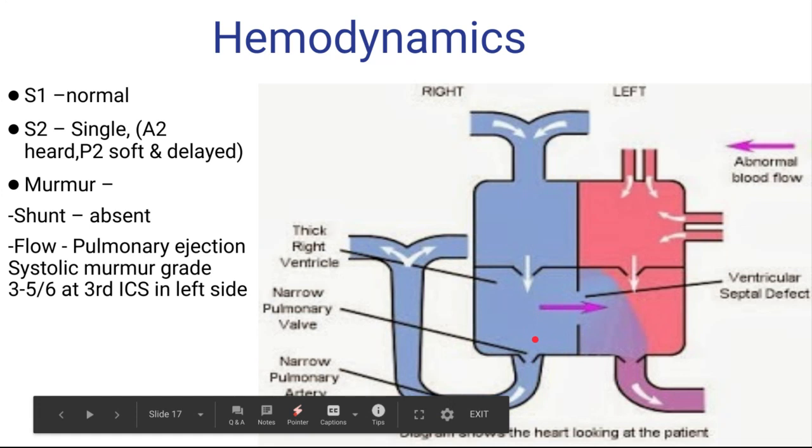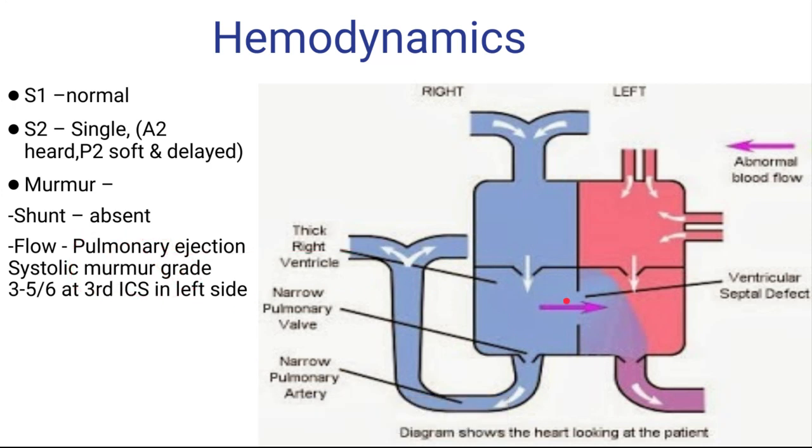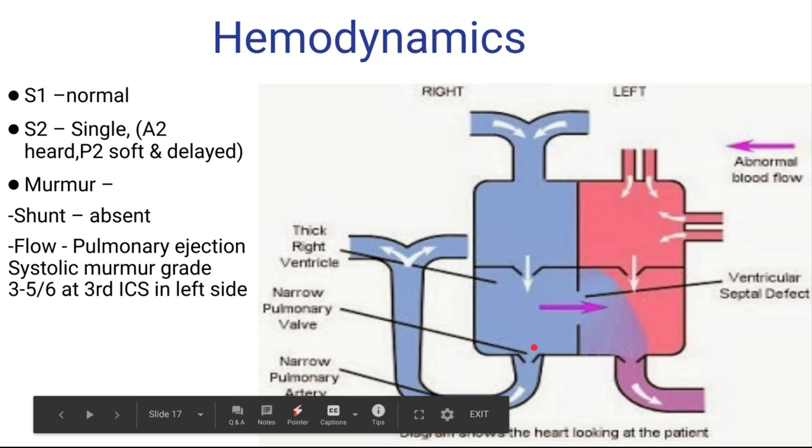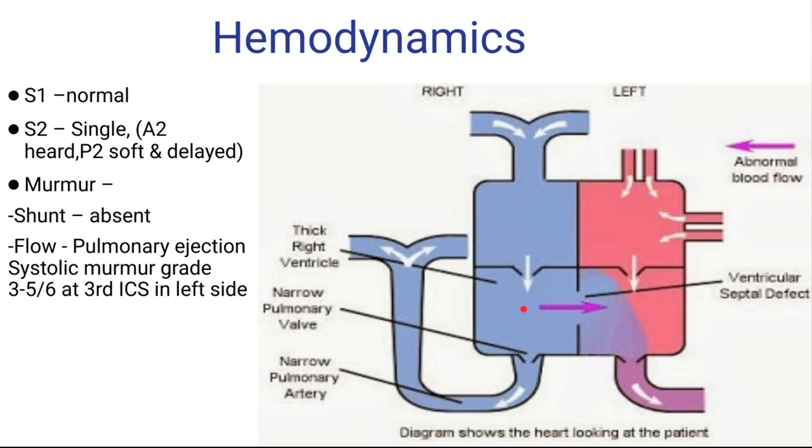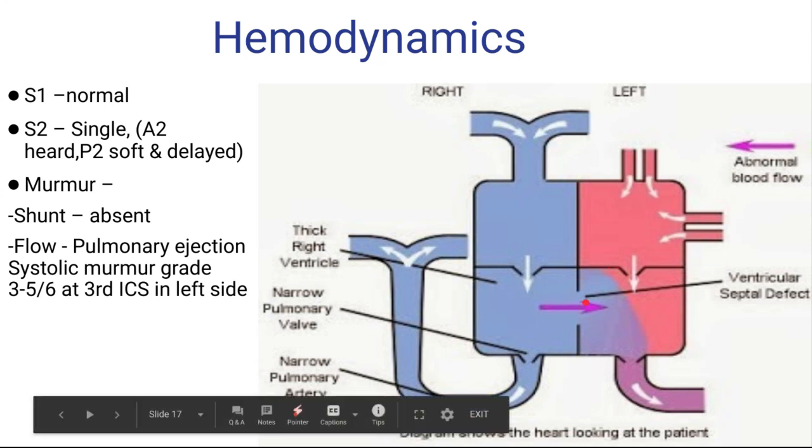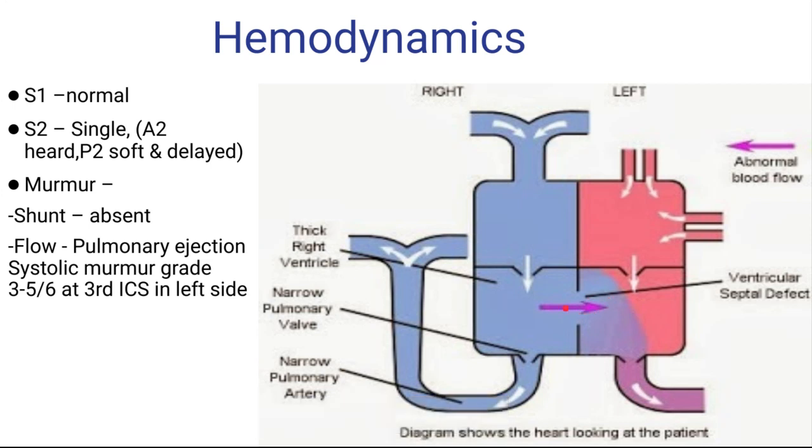If there is isolated pulmonary stenosis, this murmur will increase with severity, but in TOF, the murmur will decrease with severity because the right ventricle will be decompressed by the VSD. So the maximum ejection systolic murmur will be grade 3 without any thrill. And the VSD is large, non-restrictive, perimembranous type.